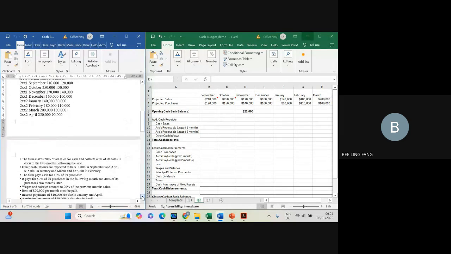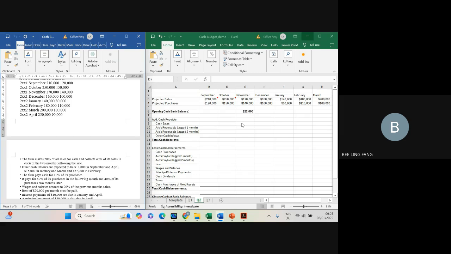The firm makes 20% of all sales for cash and collects 40% of its sales in each of the 2 months following the sales. That's why you need to fill in this one. 2 months, that means November, like 1 month.